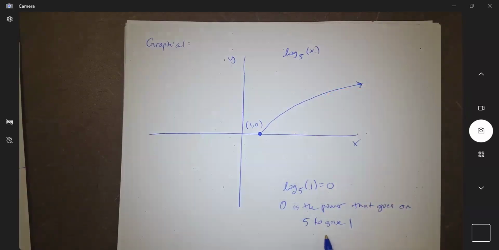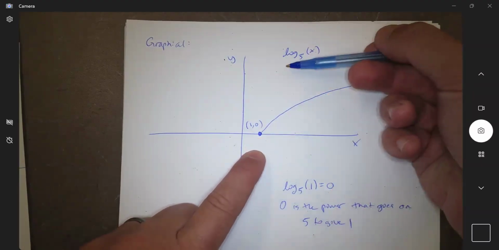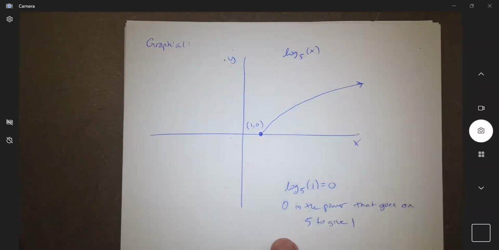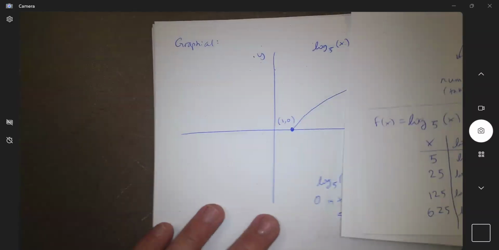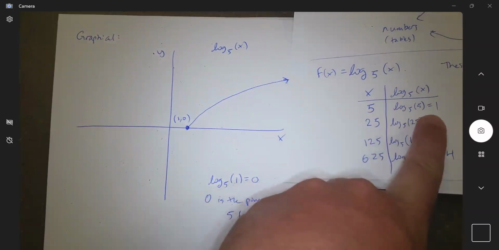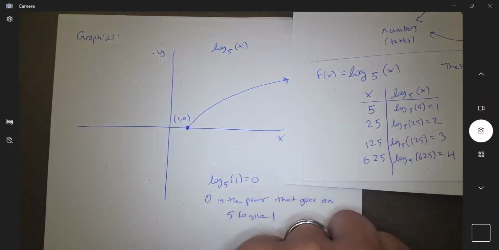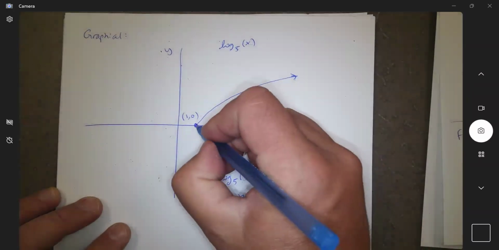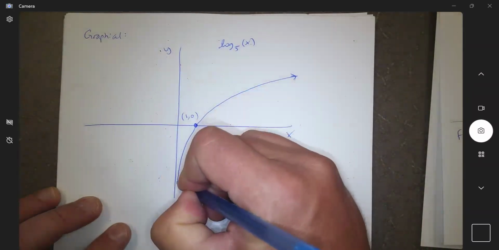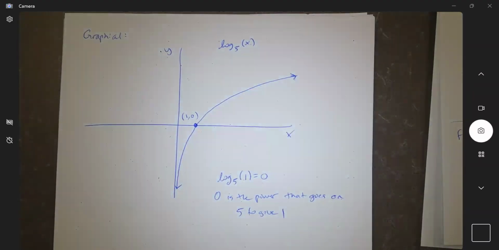They walk out toward infinity because if I want bigger x values, I need bigger y values. We look at our table. As x gets bigger, the output also gets bigger, but more and more slowly. And then it actually also comes down like this toward the y-axis, but it never reaches it. That's what a logarithm function looks like.